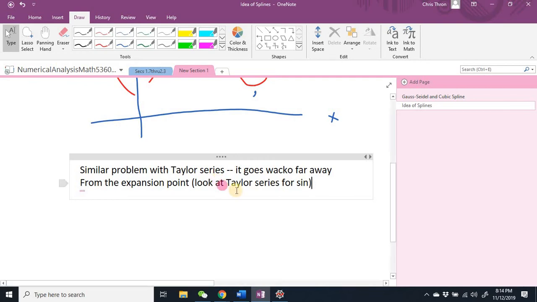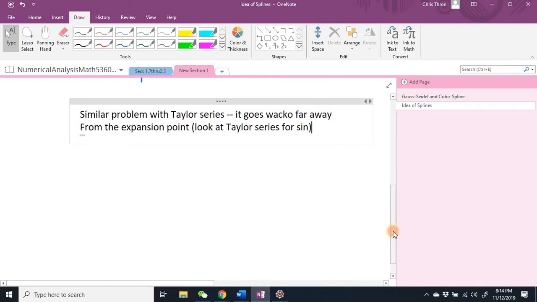Okay. So the solution is not to try to do something smooth that approximates everything, but approximate by piece. So you can say approximate locally by polynomials in small intervals.